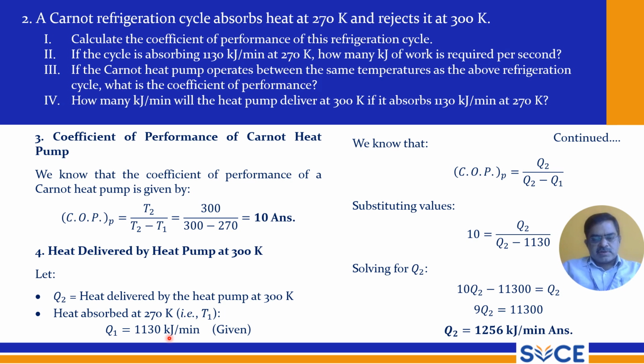So this is the answer for the heat pump, that is the fourth task, 1256 kilojoules per minute. So this is problem number 2, and then we will move to the next problem, students.